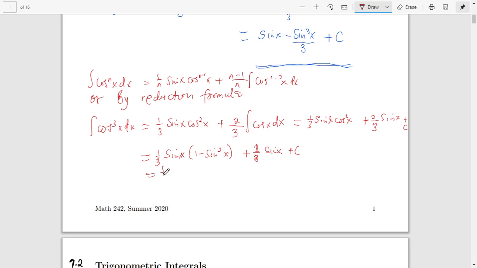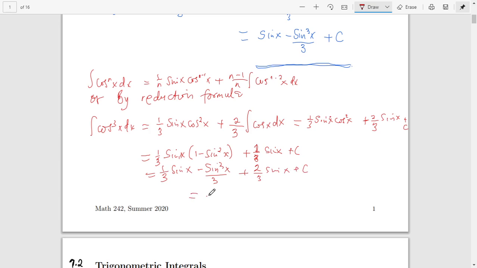If I multiply this out, I'm going to get 1/3 sine x alone minus sine times sine squared, which is sine to the power of 3, all over 3, and then plus 2 over 3 sine x plus c. 1 over 3 sine x plus 2 over 3 sine x is just going to give me sine x.